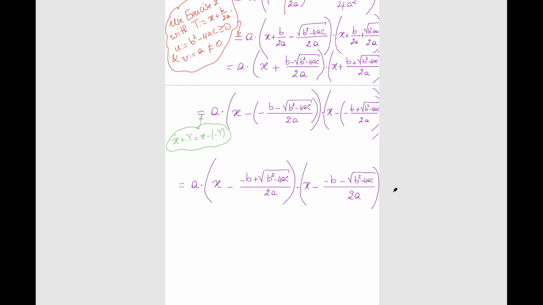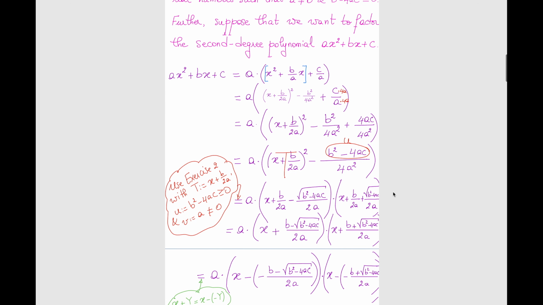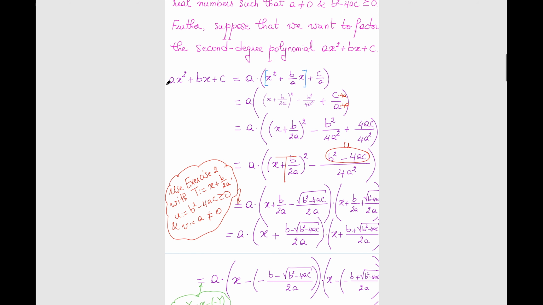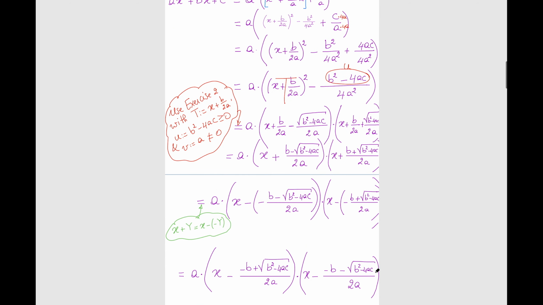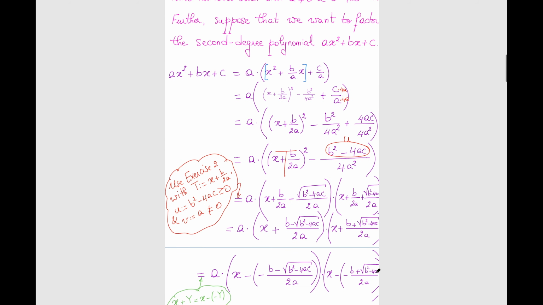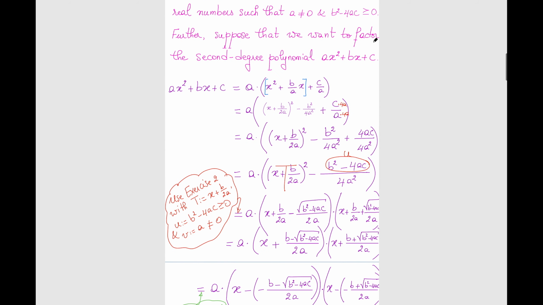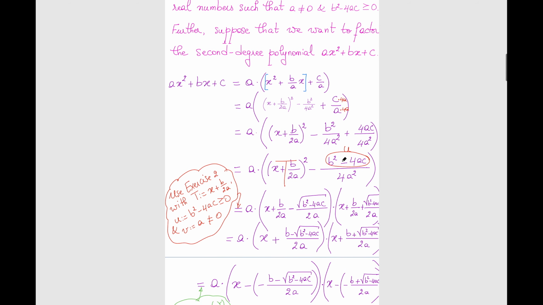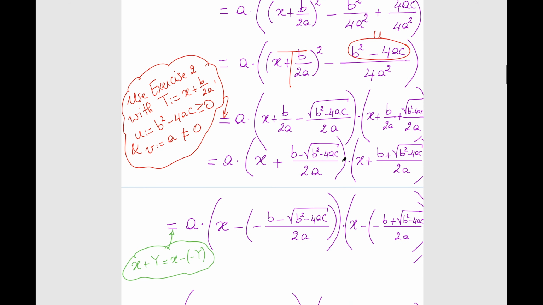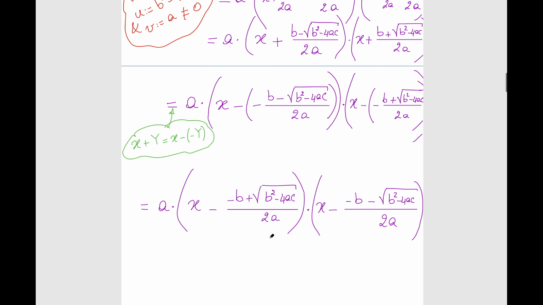As ugly as it looks, that's good news, because I rewrote this expression, the sum, as a product. And this is the idea of factoring. This is what I wanted to do. I wanted to factor, right? I mean, the formula looks complicated, but we're going to appreciate it in application, right?